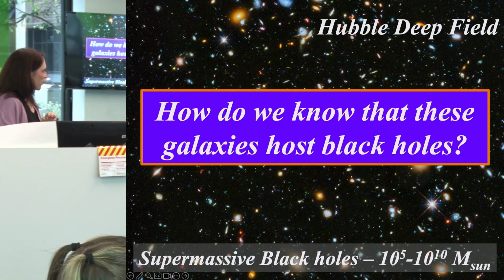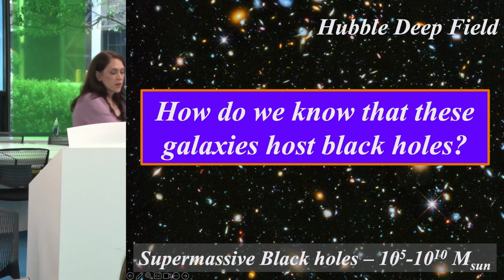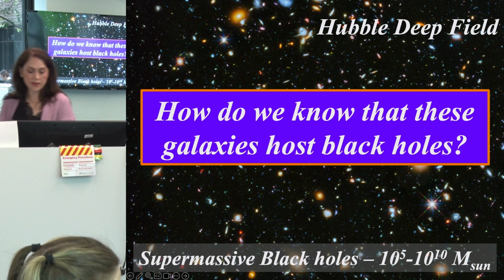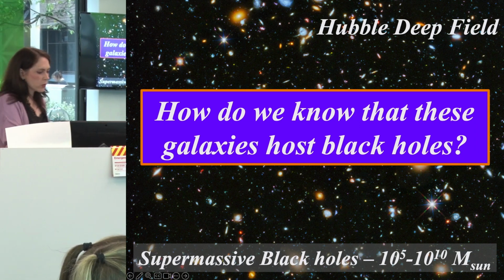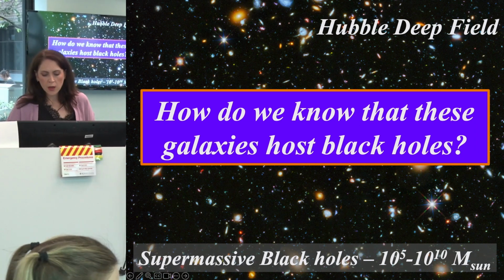But you're probably wondering, I said to you that everything has a black hole, right? Well, how do we know that these galaxies actually host a black hole at the heart of them? And how do we detect these black holes in galaxies that are much further away than, say, our own Milky Way?